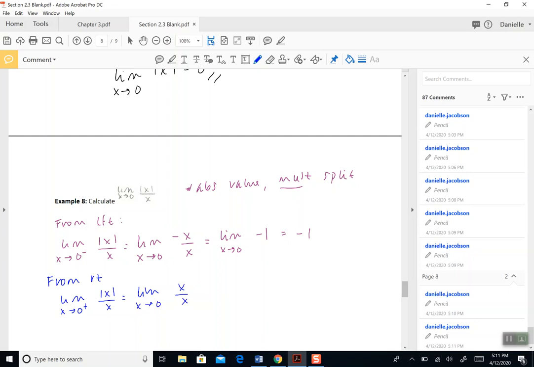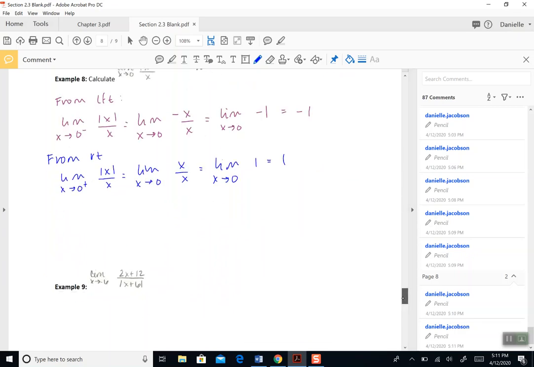So remember, when we split this, if you're coming from the right, it's really equal to x. This divides out to 1, so we have the limit as x goes to 0 of 1, which will give us 1. All right, so on this we should see, those do not agree. They're not the same, which means we would conclude that the limit does not exist.